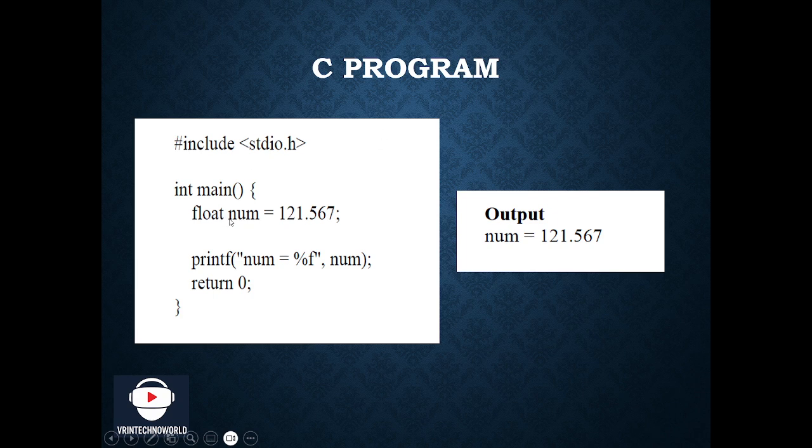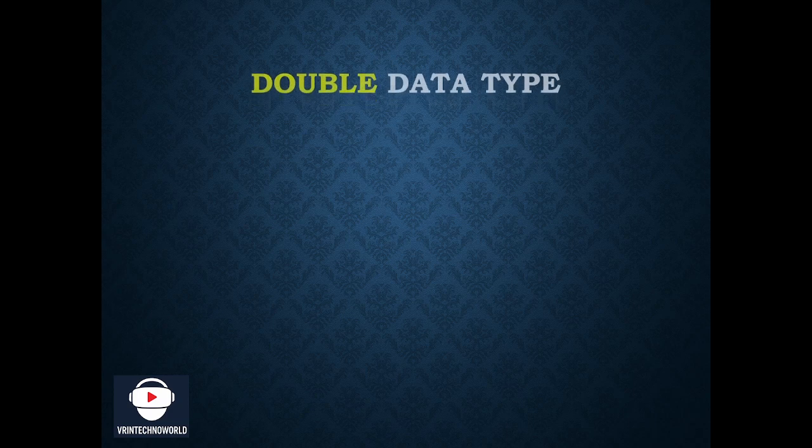You write the same program, but this time you use float with your num variable. You take a value in decimal points and print it with the format specifier %f. This is how you write the C program for it.